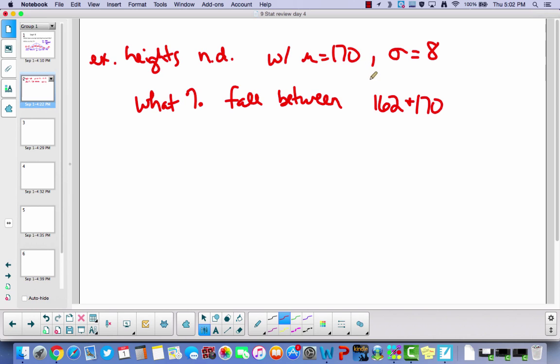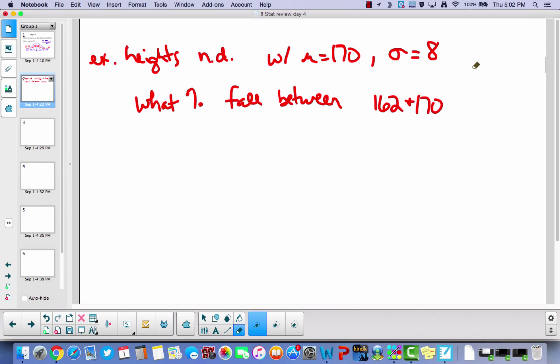And this should have a label on it. So we'll say pounds and pounds. Okay. Oops, heights. Sorry. I don't think we're 170 pounds for a height.